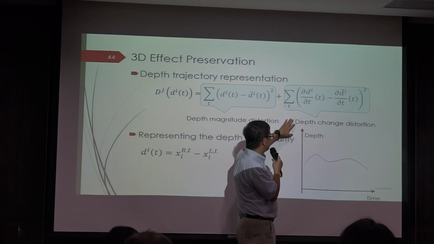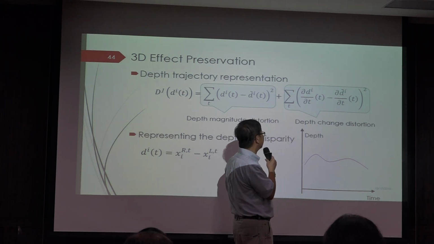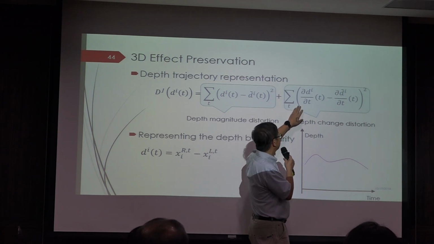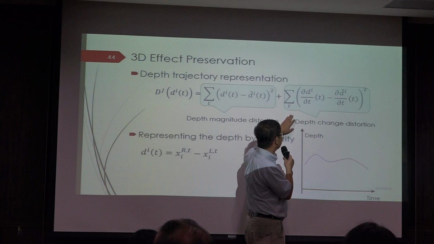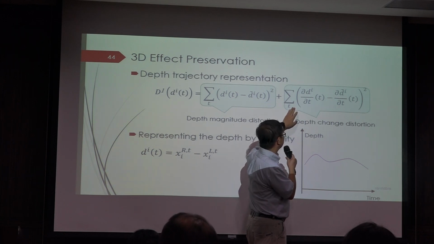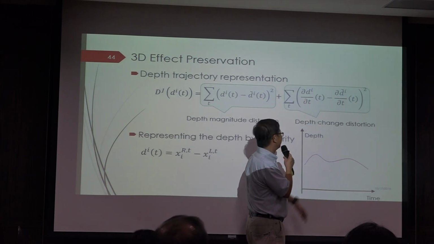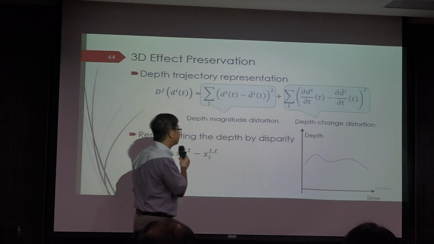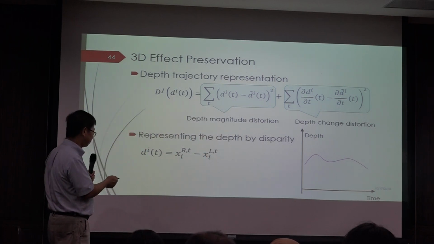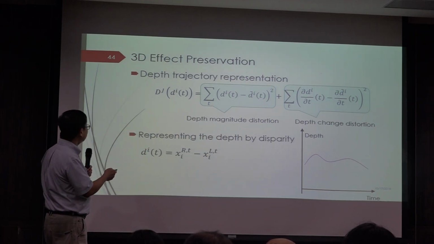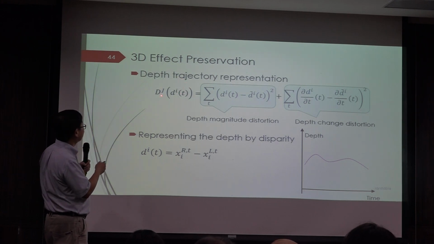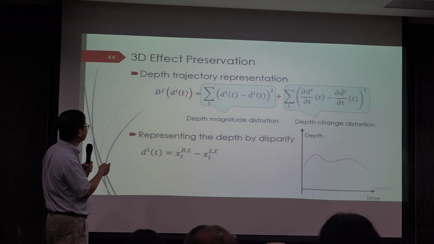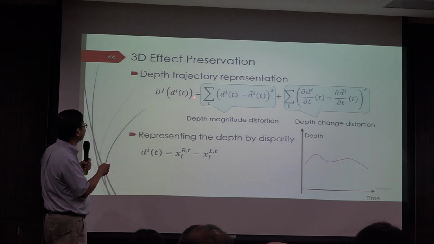So here we define the depth change distortion, using the first order derivative of the disparity values along the time. Okay, so here we impose such depth distortion to maintain the 3D effect.